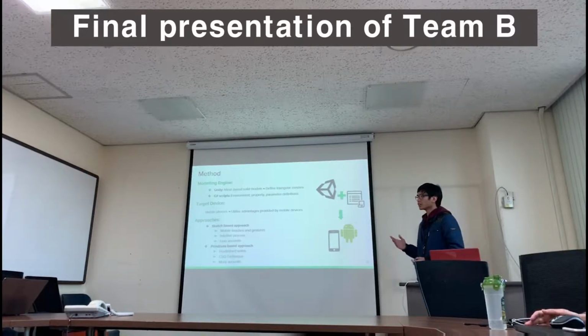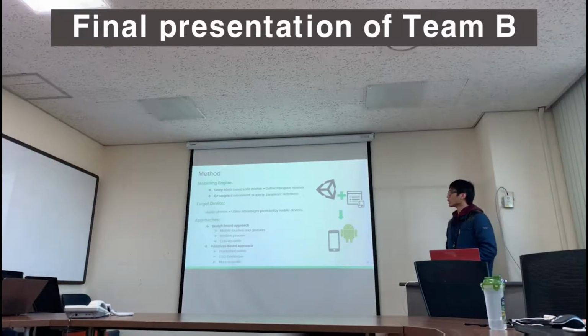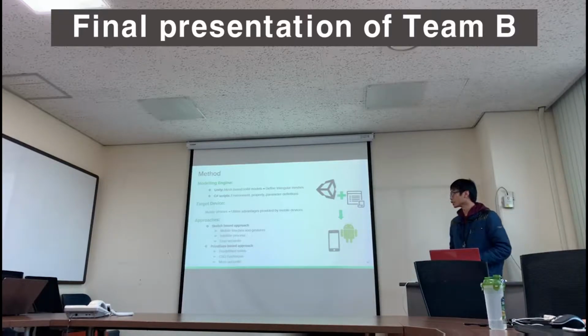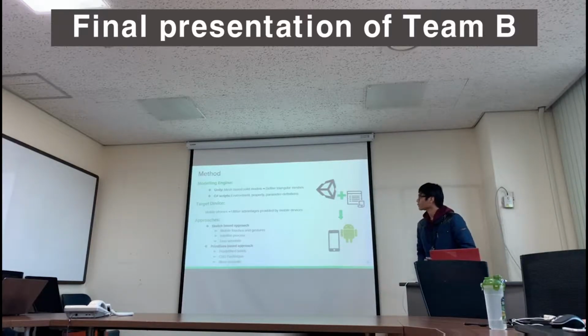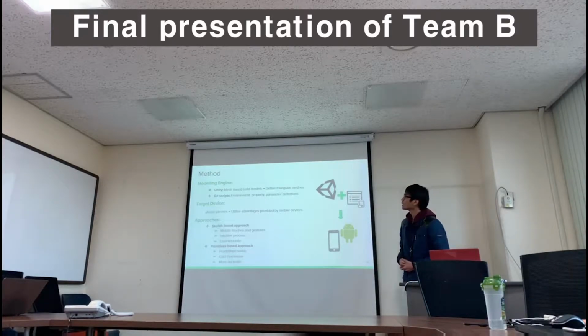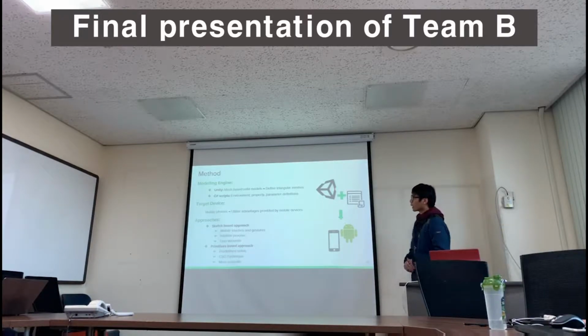To create the models, we have to define these triangular meshes, and then we can use C# scripts for determining the environment, property, or parameter definitions for our shapes. And since our target device is a mobile phone, we need to utilize the advantages that they give, such as their input touches. So we came up with 2 methods.